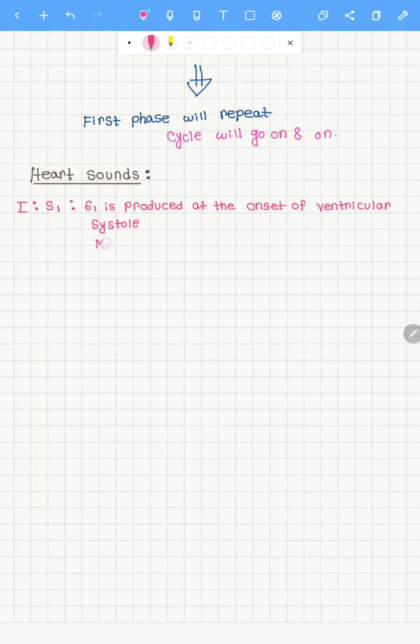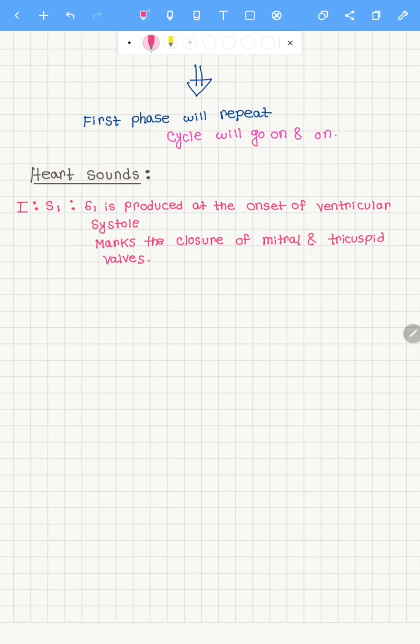It marks the closure of mitral and tricuspid valves. The tricuspid valve is present in between the right atria and right ventricle; as I had discussed for the left portion only, I had mentioned the mitral valve. The tricuspid valve will be applicable for the right side of the heart.